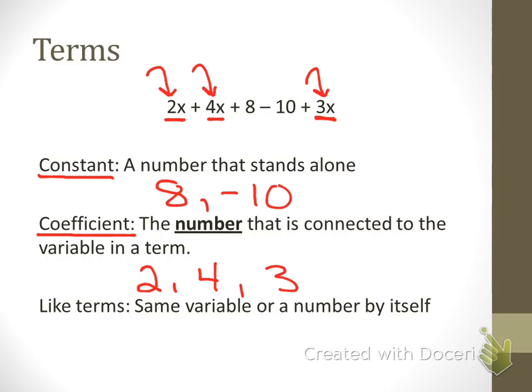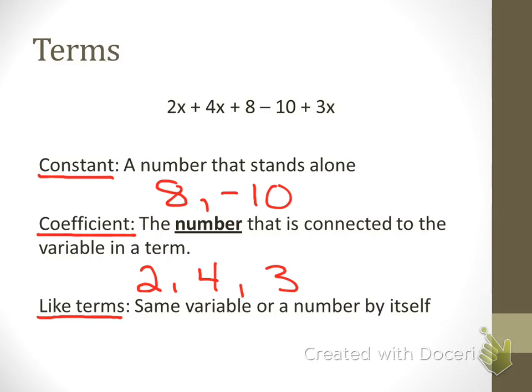All right, now the third definition you need to know is like terms. Like terms have the same variable. Okay, so in our expression, what terms do you see that have the same variable?